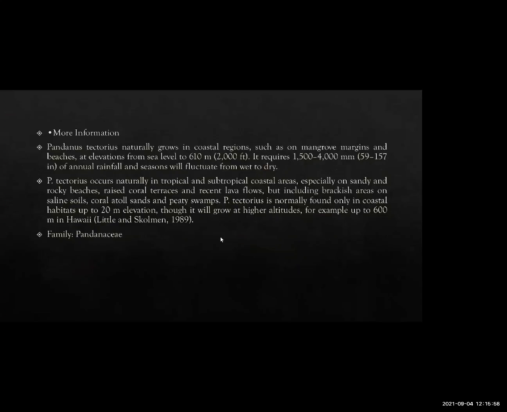More information. Pandanus tectorius naturally grows in coastal regions such as on mangrove margins and beaches, at elevations from sea level to 610 meters or 2,000 feet. It requires 1,500 to 4,000 millimeters or 59 to 157 inches of annual rainfall and seasons will fluctuate from wet to dry.